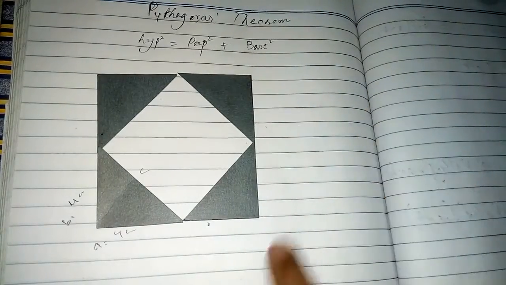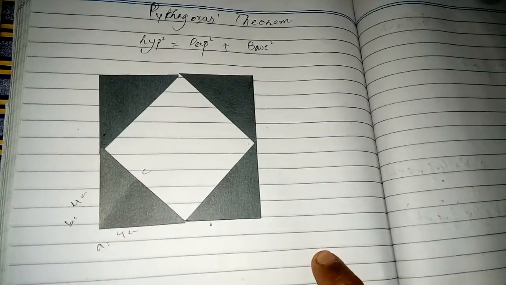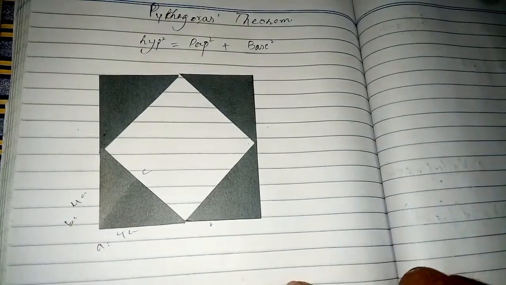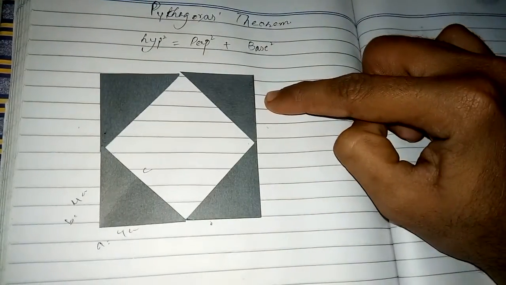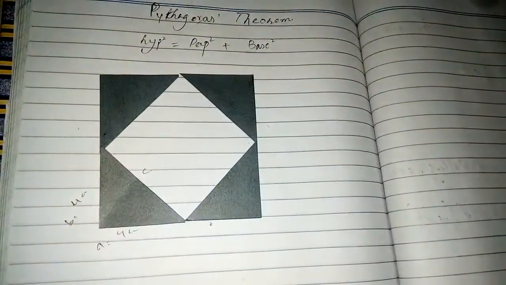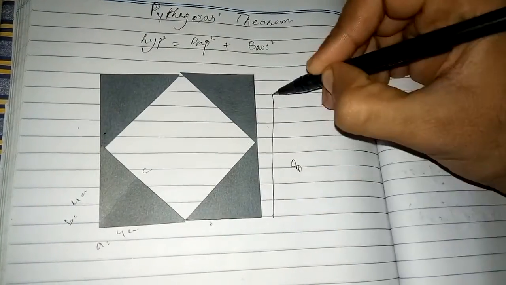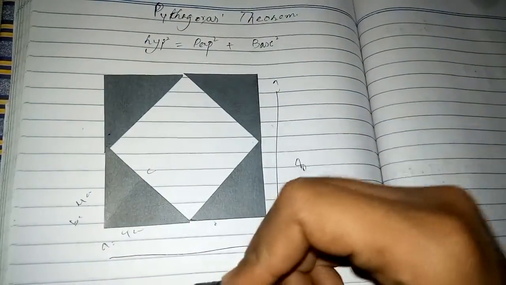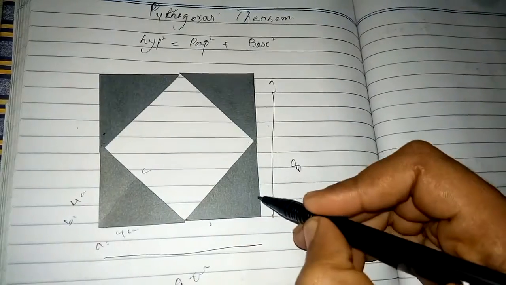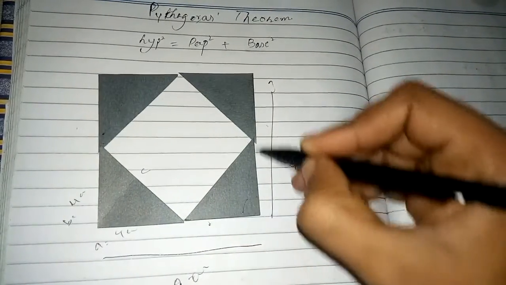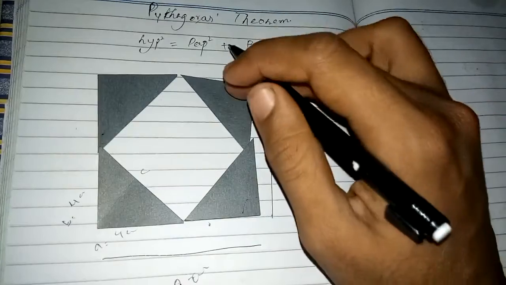It has 4 centimeter here, and 4 more means 8 centimeter total length. It has a total length of 8 centimeter, this whole length, and here is 8 centimeter. And we have the right angle triangles in between.